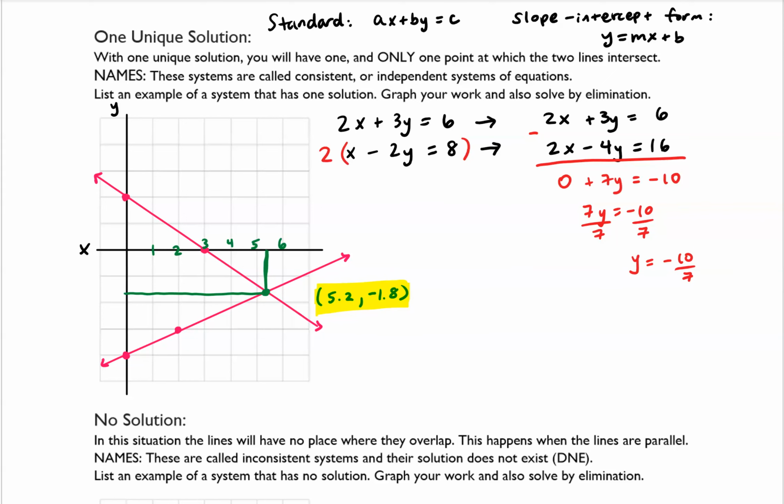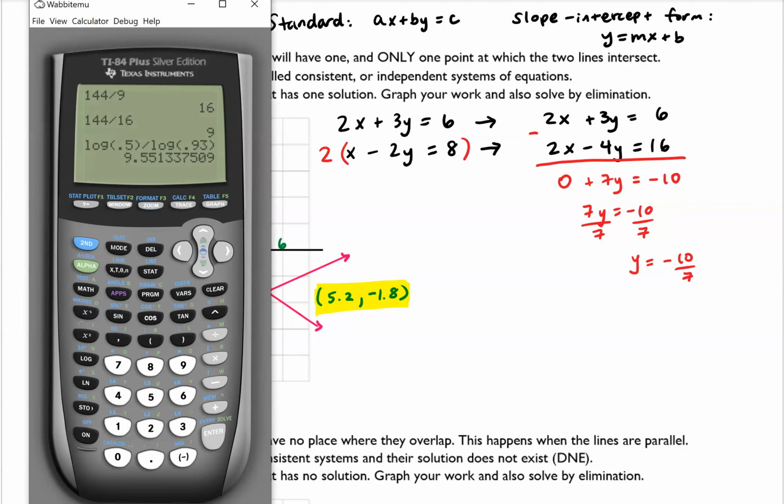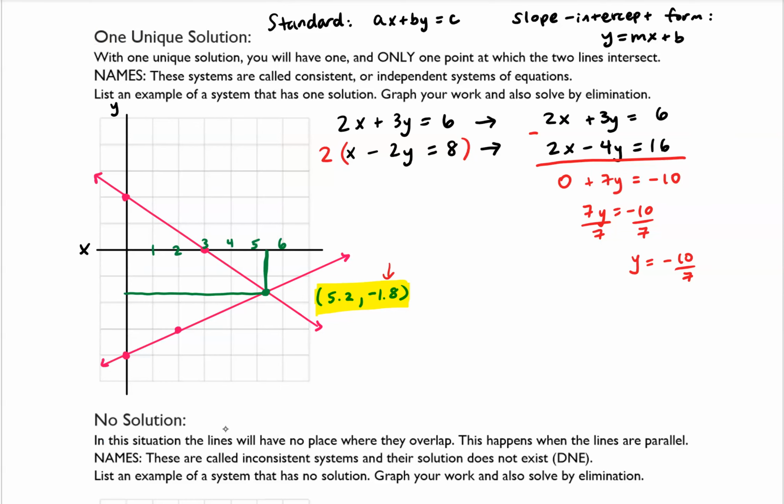Now, if you throw that into a calculator, you get negative 1.428. So notice that I was a little bit off in my estimation because I thought the y-coordinate was about negative 1.8, and it's probably because I didn't draw my lines as great as it could have been.